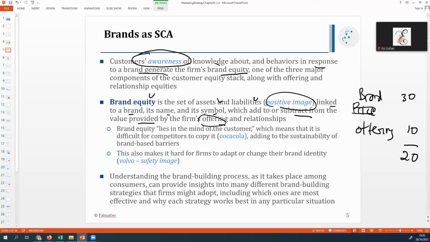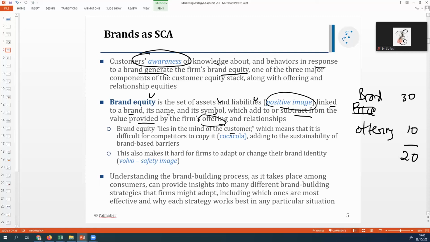Brand equity lies in the mind of the customer, which means that it is difficult for competitors to copy it, such as Coca-Cola, adding to the sustainability of the brand-based barrier.